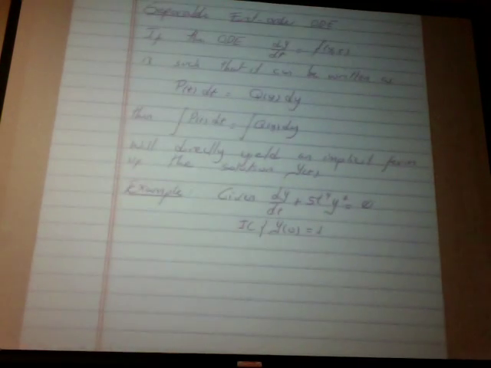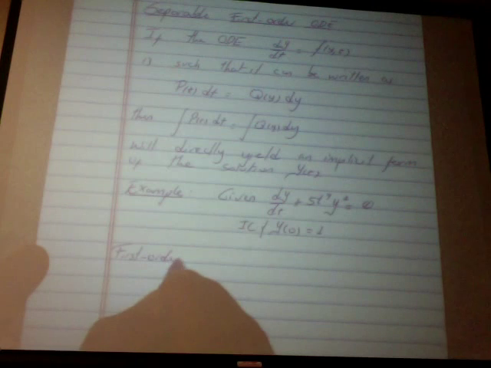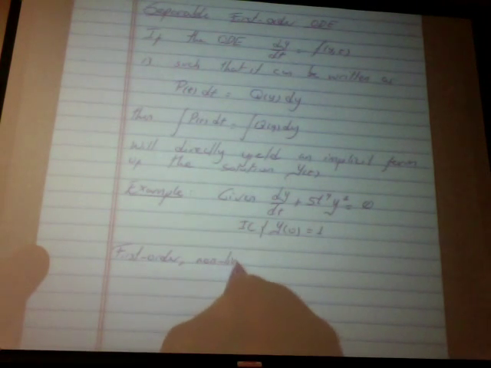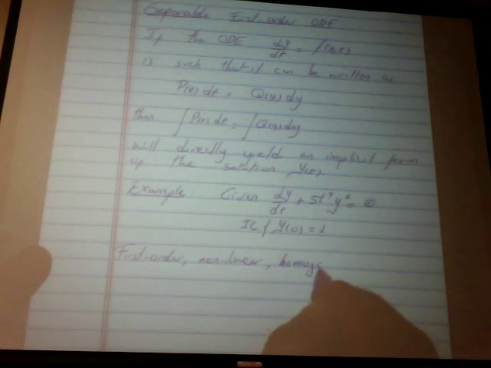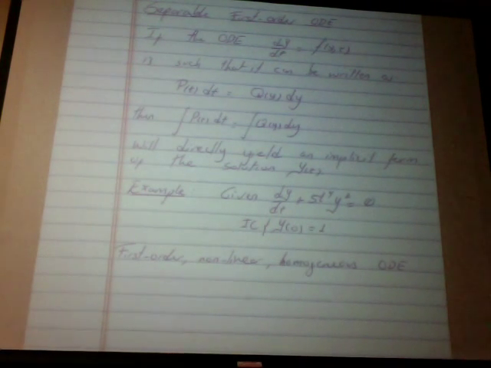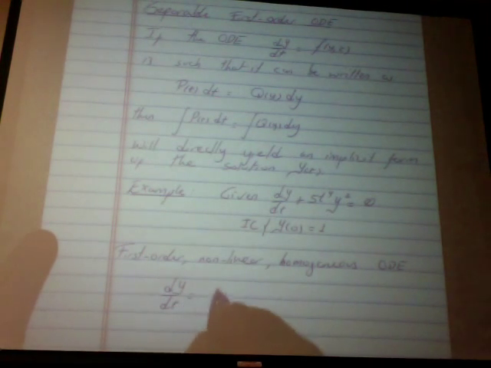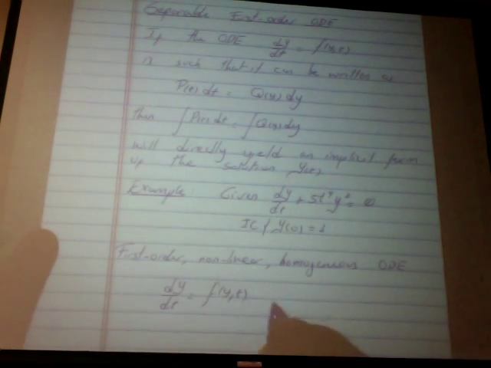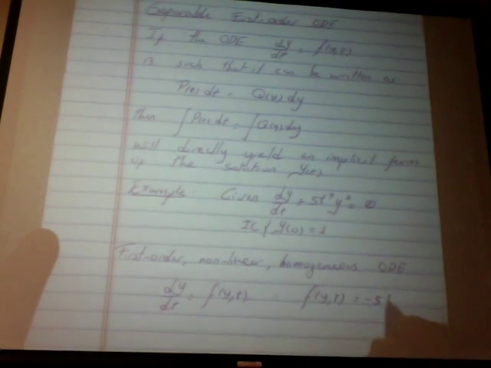Okay? So, this is the first order nonlinear, homogeneous ODE. We can write it in the form dy dt equals f of y and t, such that f of y and t is just simply minus 5 t to the fourth y squared.